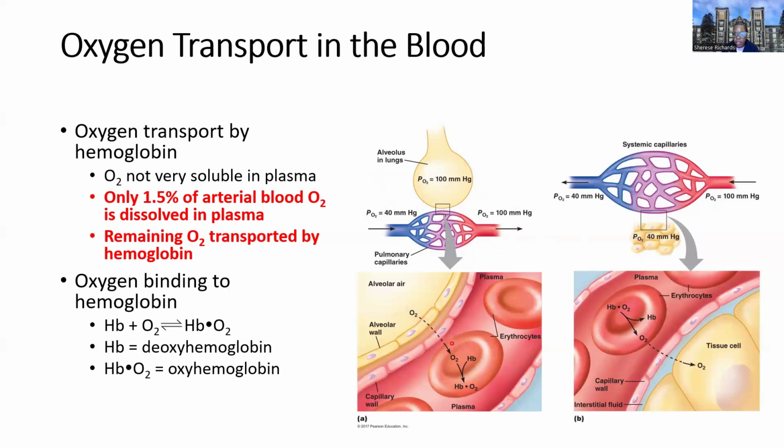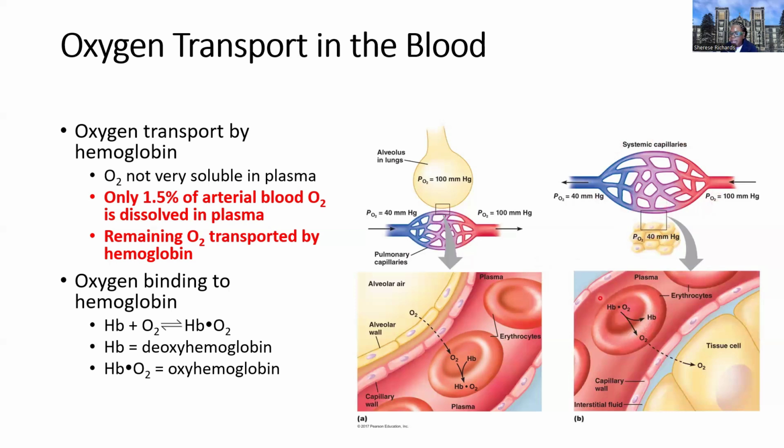Don't forget the structure here, crossing these two cells and their fused basement membrane, and then going into the erythrocytes that are in the pulmonary capillaries, and then binding onto the hemoglobin inside those erythrocytes, and then being transported on that hemoglobin.